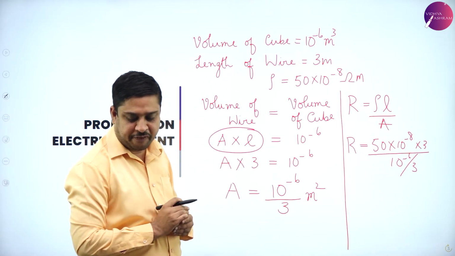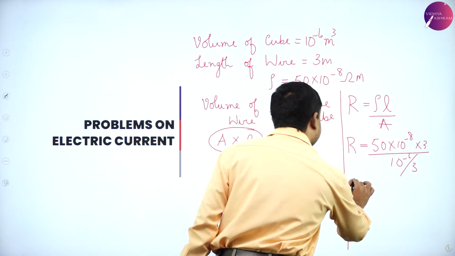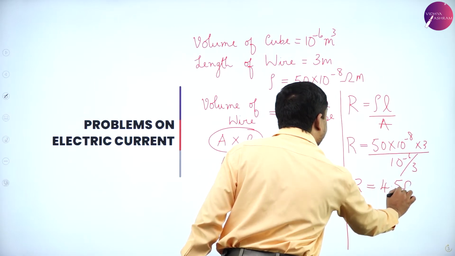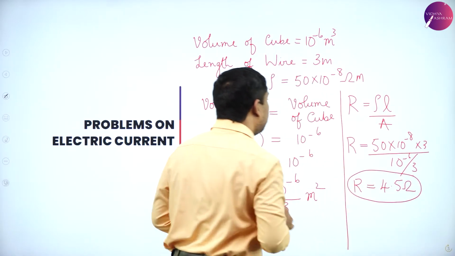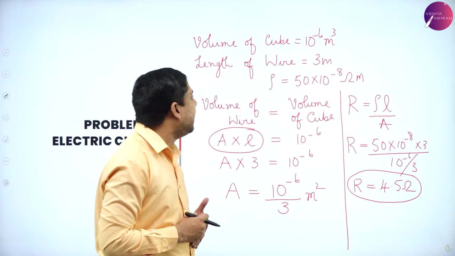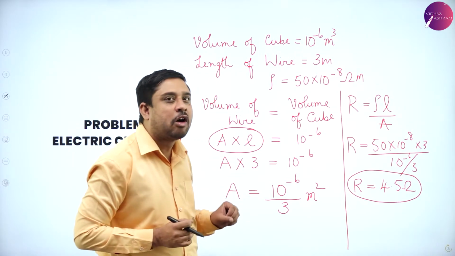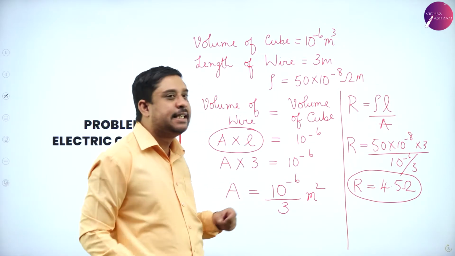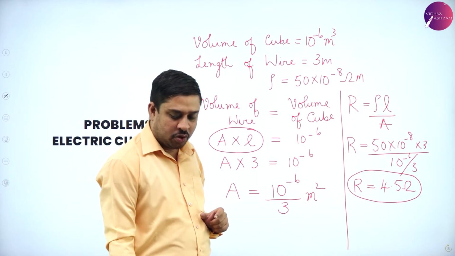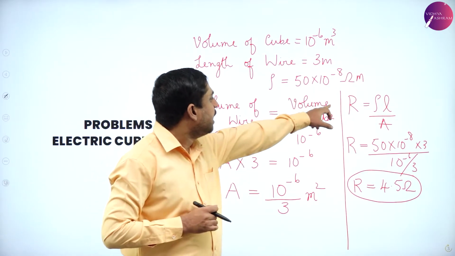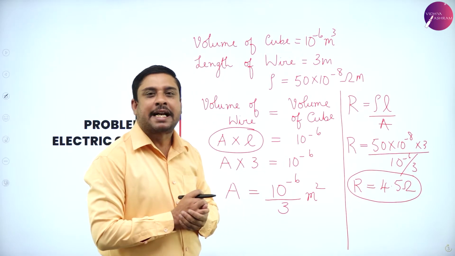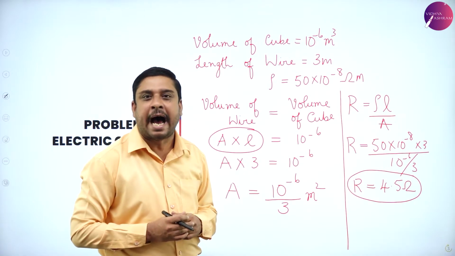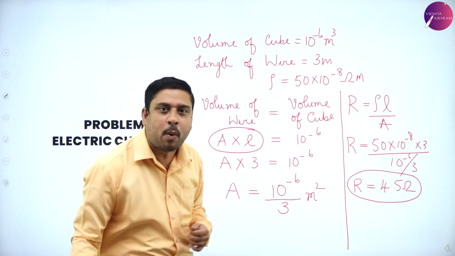On simplification, the resistance turns out to be 4.5 ohms. So, students, very easily, keeping the concept of volume, calculating the area, and knowing the expression for resistance and resistivity, I have arrived at the resistance of the wire.